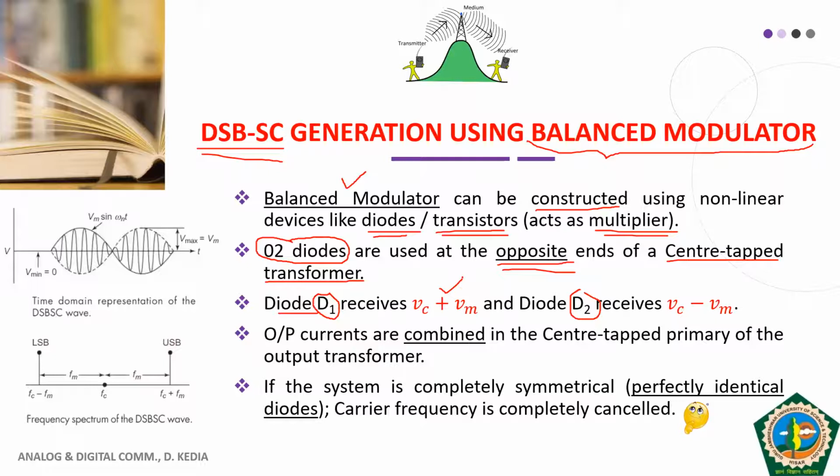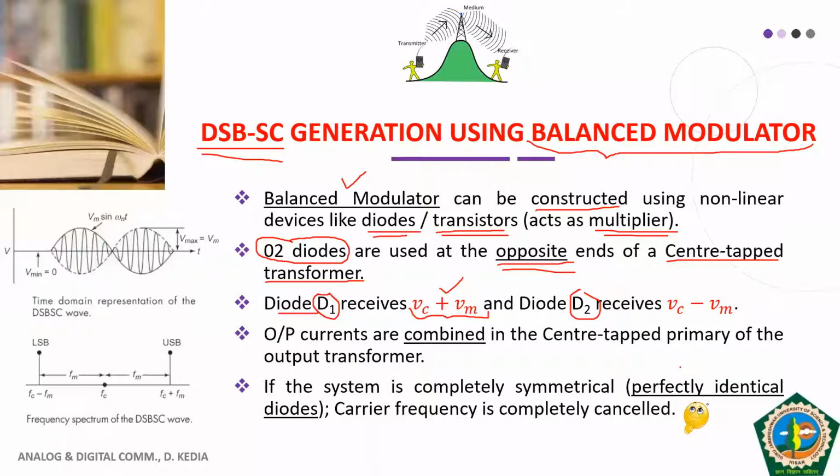Obviously, we have only two input signals. One is the carrier signal and another is your modulating signal. So we have two diodes. At one diode, we supply the sum of the two signals; at the other diode, we supply the difference of the two signals. So students, one diode supplies the sum of the two voltages, and the other diode receives the difference of the two voltages.